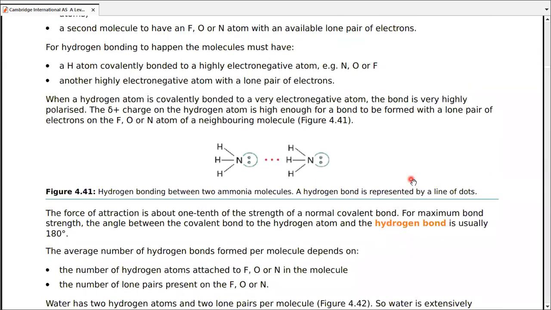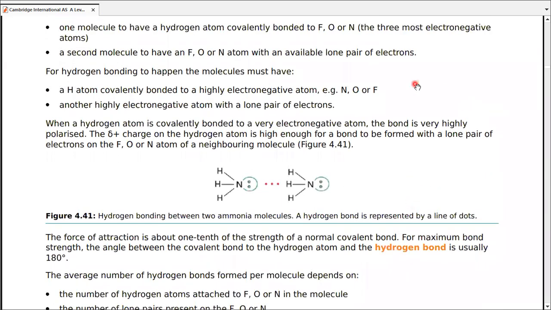So when you see a hydrogen atom covalently bonded to a highly electronegative atom, the bond is very highly polarized. The partial positive charge on the hydrogen atom is high enough for a bond to be formed with a lone pair of electrons on the neighboring molecule if they belong to fluorine, oxygen, or nitrogen.